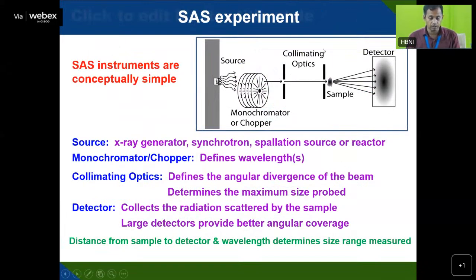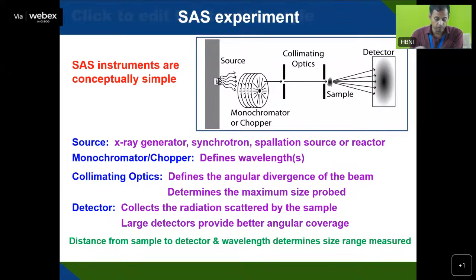You can see here a SAXS instrument is conceptually simple. It has a source: an X-ray generator or synchrotron, or you can use a spallation source or reactor source in the case of neutrons. Spallation is also used as a neutron source.